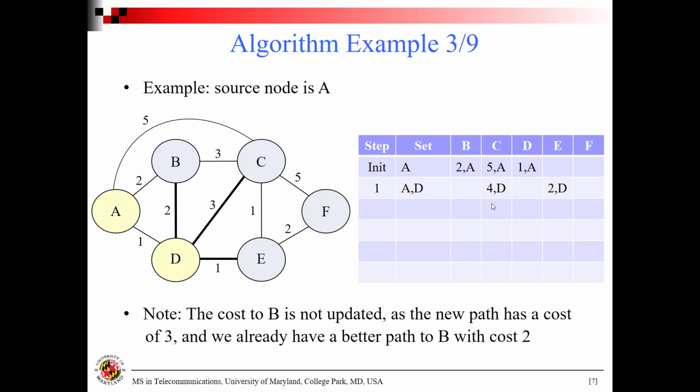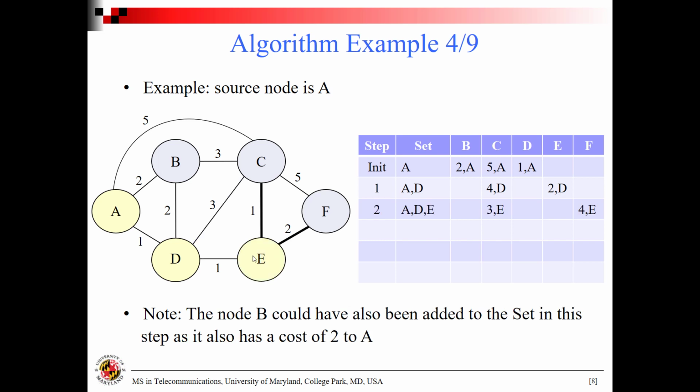So whenever you have this tie situation, you can just toss a coin and randomly pick any of them. It really does not matter. It won't affect the evolution of the algorithm or the correctness of the algorithm or the complexity of the algorithm. So whichever you like, you can pick. So let's pick E, just because that's what I'll have on my slides.